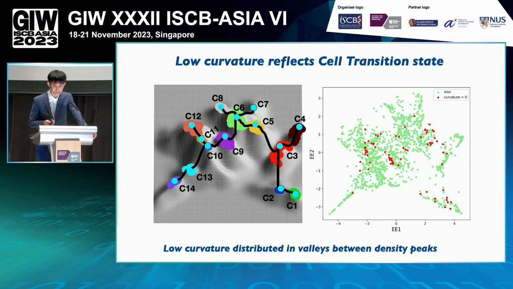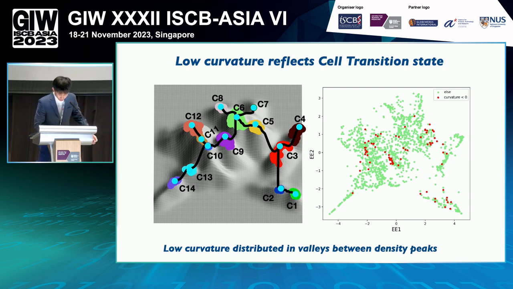First, we found that most of the low curvature cells are located at bottleneck regions, indicating that they are at transition states.